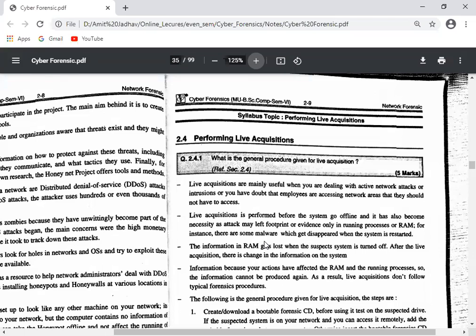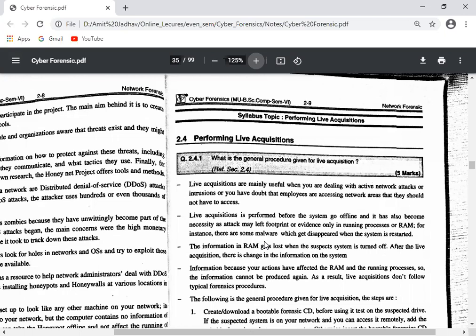The user can't use their network. So how do we get that data? Before our system goes offline, we have to capture all this data, and we do that using live acquisition, so that we can get the footprint or evidence from the running processes or the RAM.